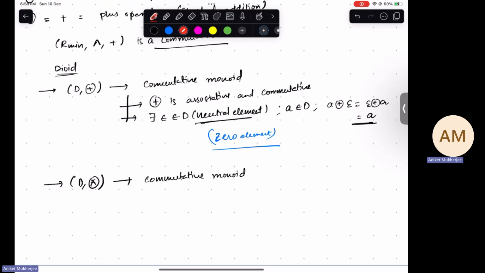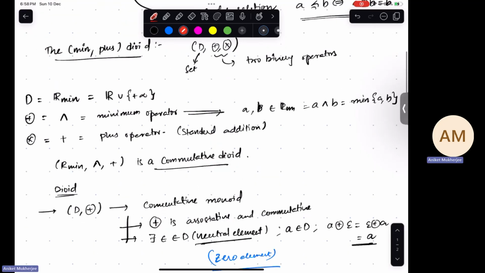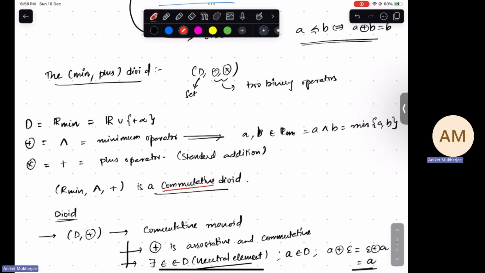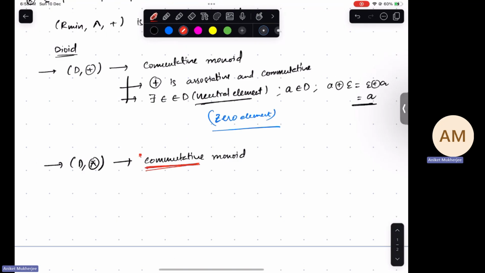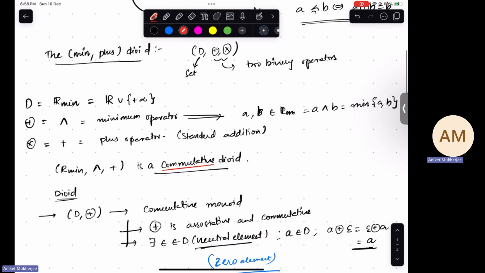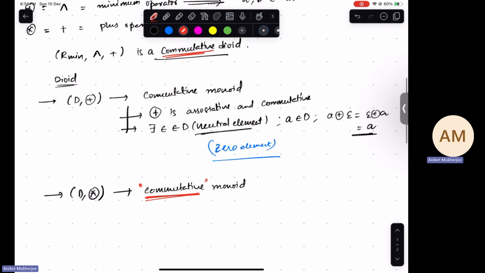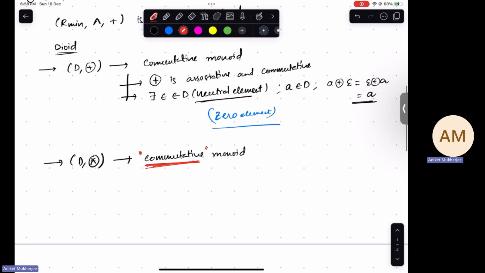This commutativity is only necessary if the dioid is commutative. Because the dioid is commutative, this should be commutative. If the dioid was not commutative, this need not be commutative. But now since we claim it is commutative, we go with commutative.